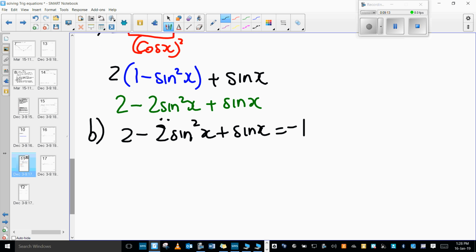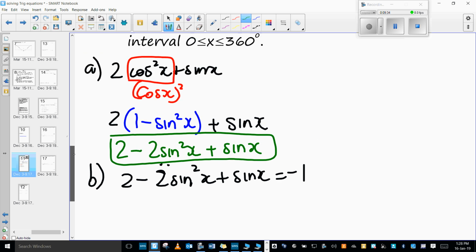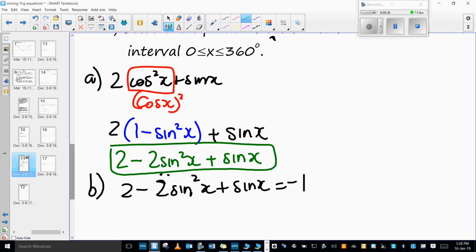Where I say to you, oh yes. Okay, wait, why did you put sin? Isn't that supposed to be cos? All of them? No, because remember we just rewrote it as this. No, not that. We're talking about these, the B. We used the A for doing it in terms of sin.